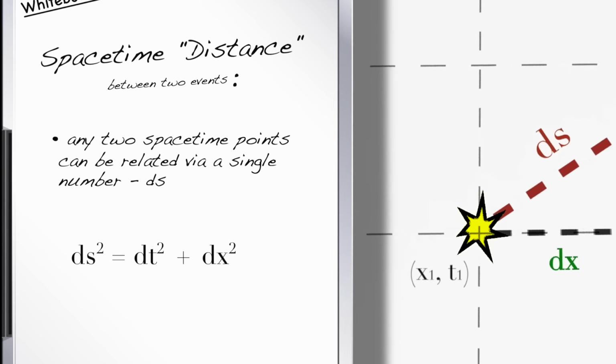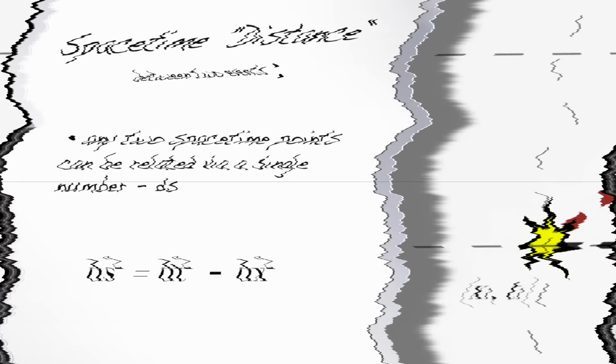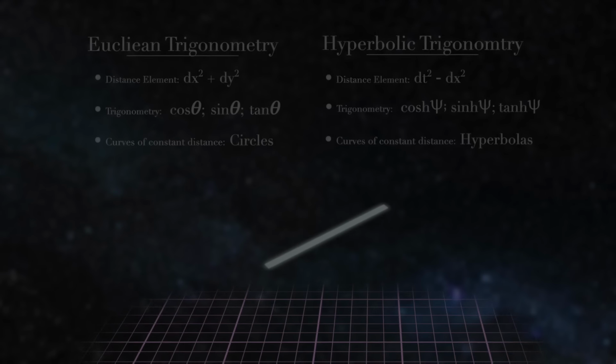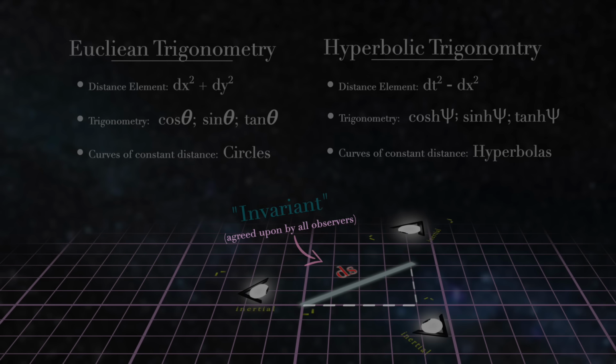Only now we swap the plus sign for a minus. It's no longer our intuitive notion of distance, but it shares some common features with physical distance. Namely, that of being an invariant real quantity. But only so long as we're sticking to inertial frames of reference and local systems.